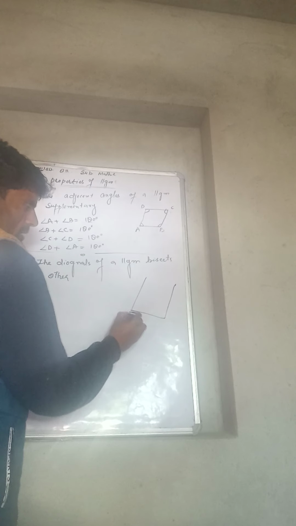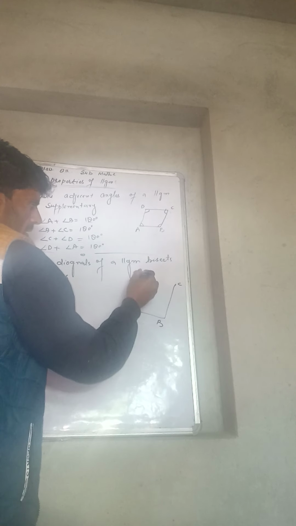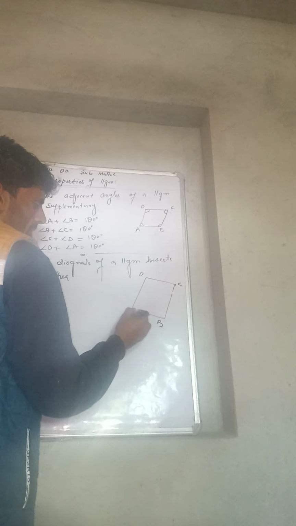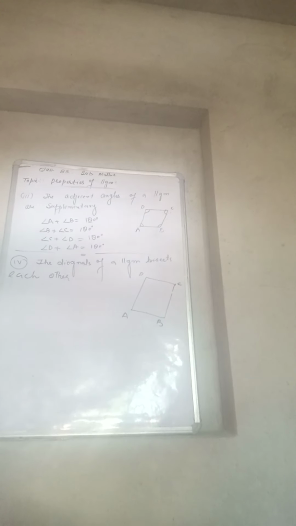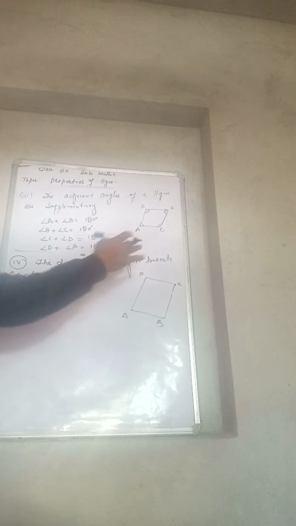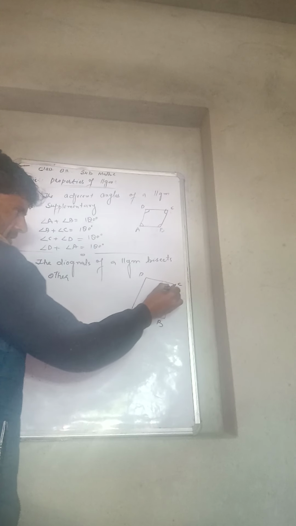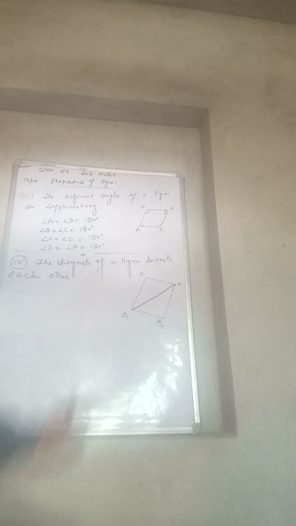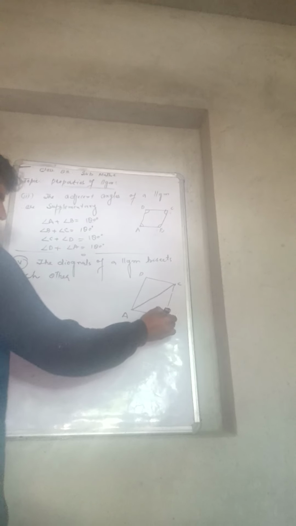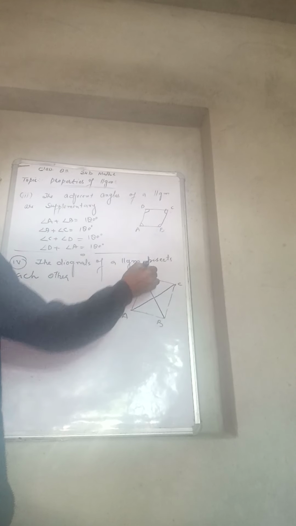Let's see here. Let this be a parallelogram. The diagonals. So we take diagonals. This is diagonal AC. And there is another diagonal BD.